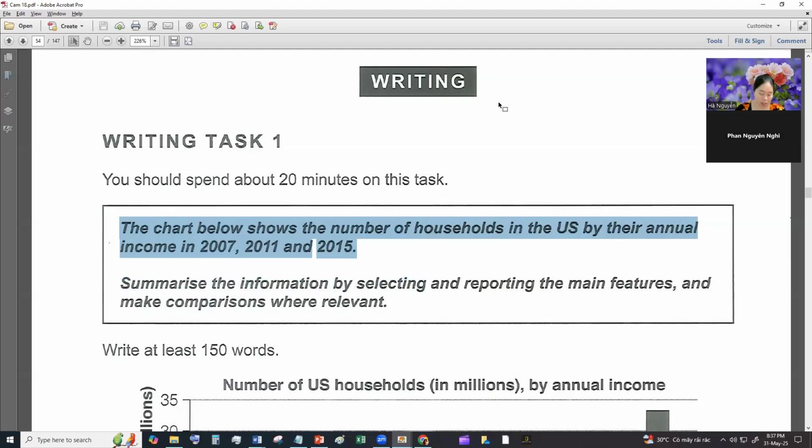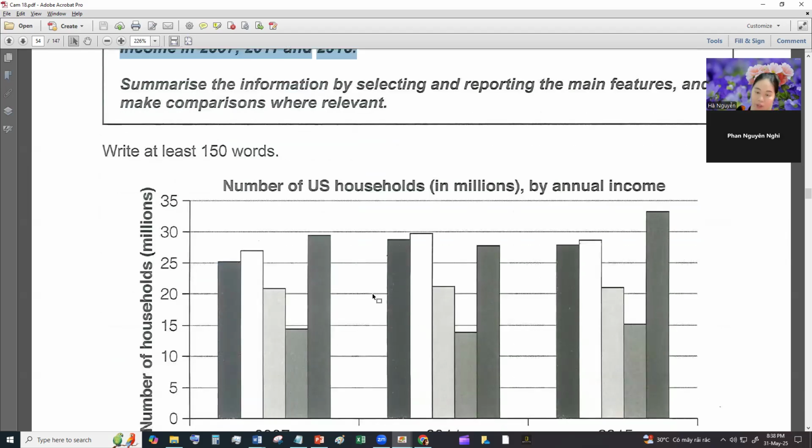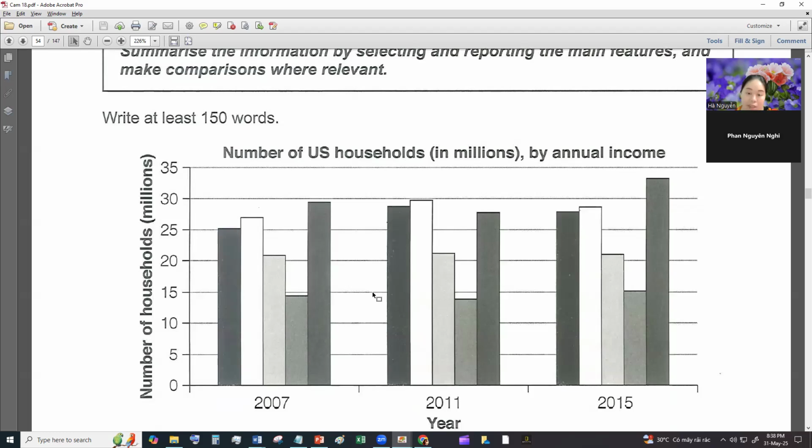The chart below shows the number of households in the US by their annual income in 2007, 2011, and 2015. Thank you very much. Yeah, okay, the rest is the same in every task. Okay, so remember the 3 W's, okay? So what, where, when. So first off, what is the chart? It's a bar chart, right?